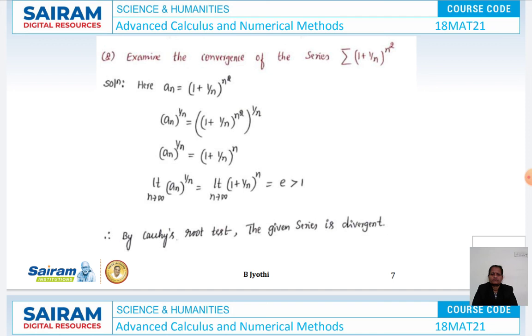That will be equal to e, and we know that the value of e is certainly greater than 1. Therefore, by the Cauchy's root test, the given series is divergent.